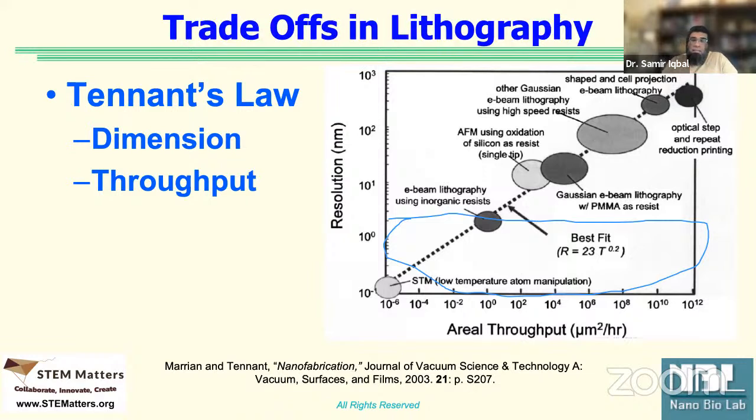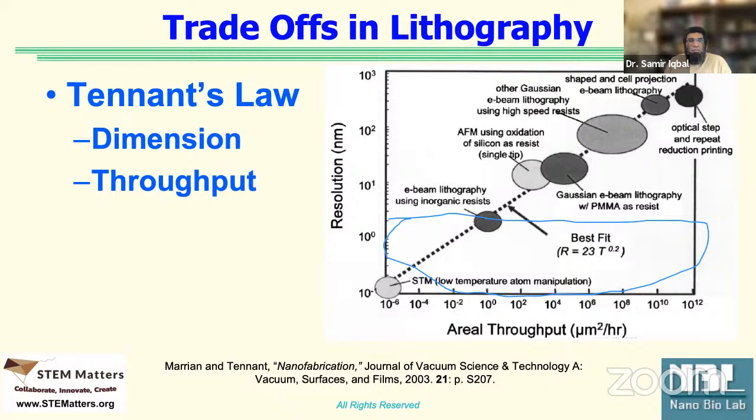What we see here is that we want smaller and smaller resolution, right? Which would mean we want to come down, and this plot brings you to the lower left side. But when we make resolution small, what's happening is throughput, aerial throughput, which means how fast can we write? If I'm a device manufacturer, I want to make things smaller, of course.